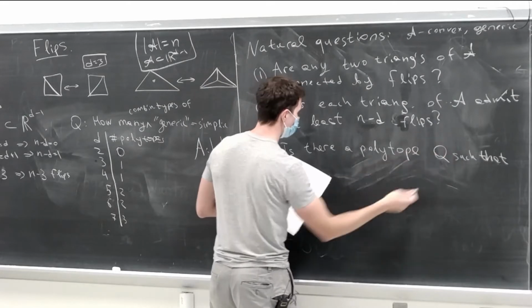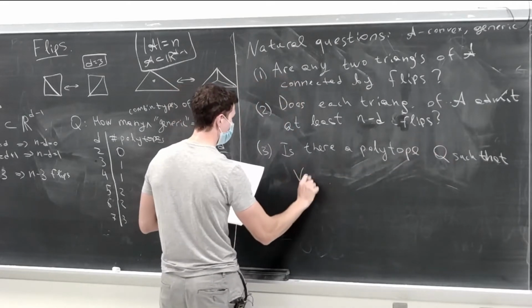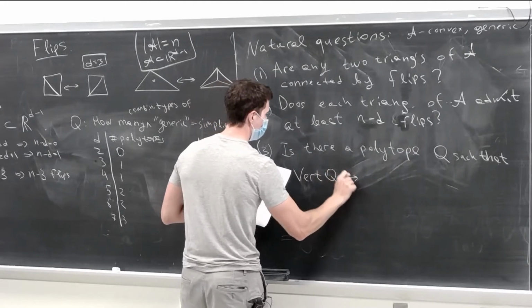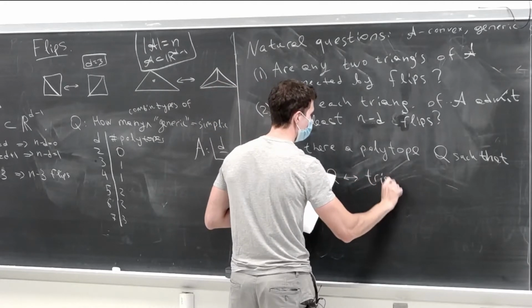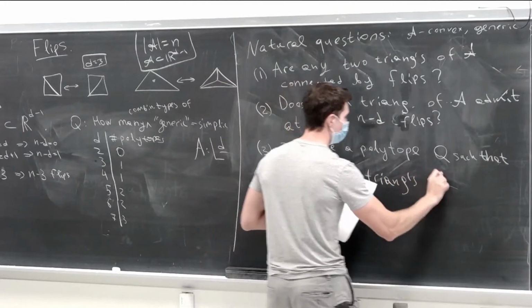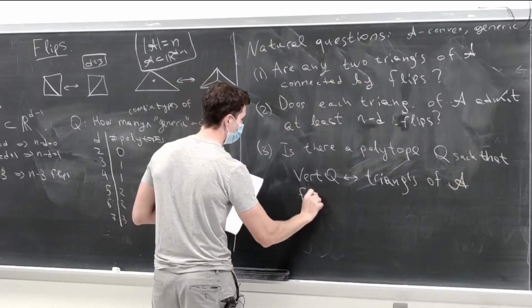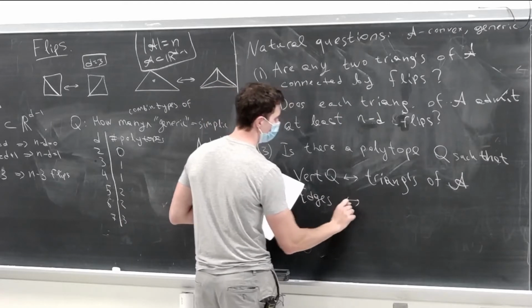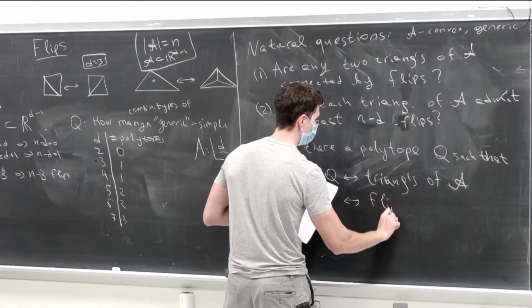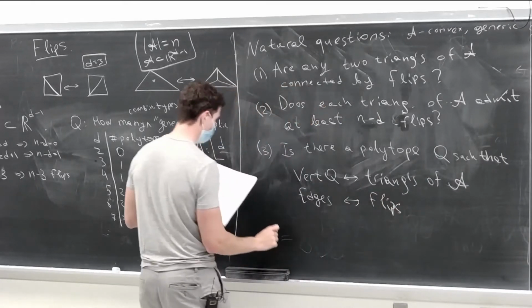This should be like the associahedron. So vertices of Q correspond to triangulations of A, and the edges of Q correspond to flips, and so on.